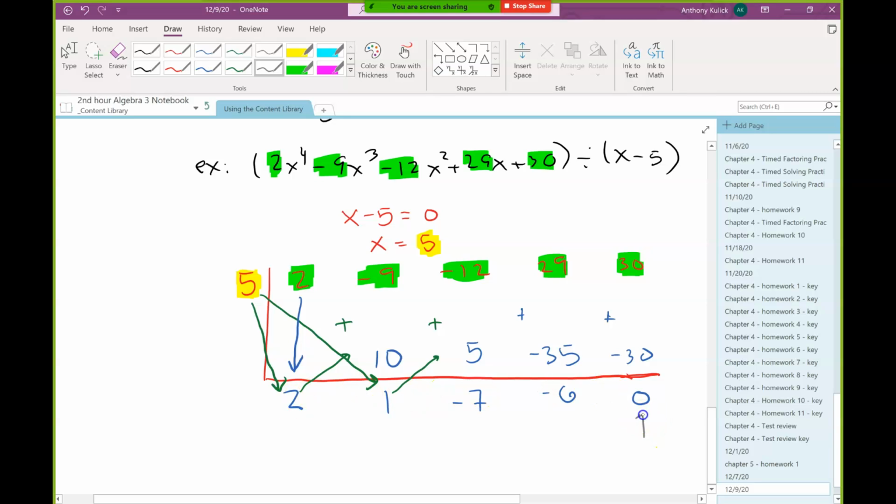The very first number is the remainder. The next number is our constant term. The next number is our x coefficient, and then our x squared coefficient, and then our x cubed coefficient. So the degree of our x's just keeps increasing by 1 as we move from right to left.